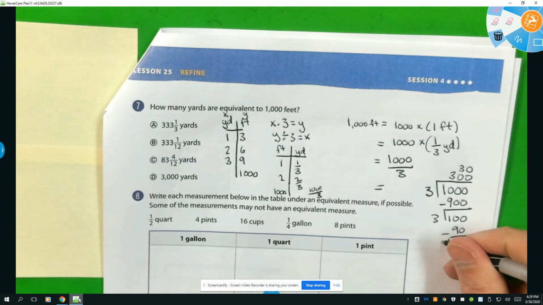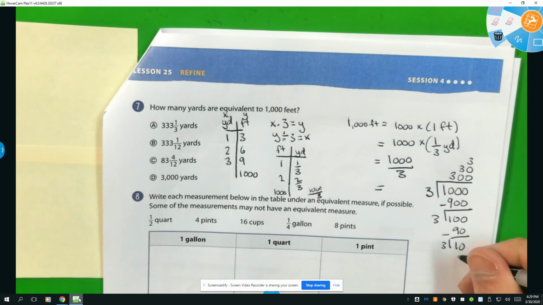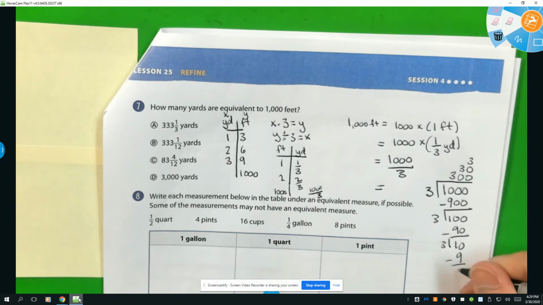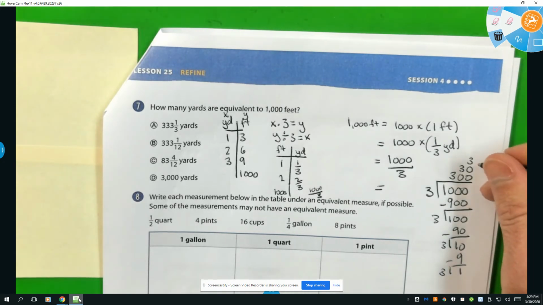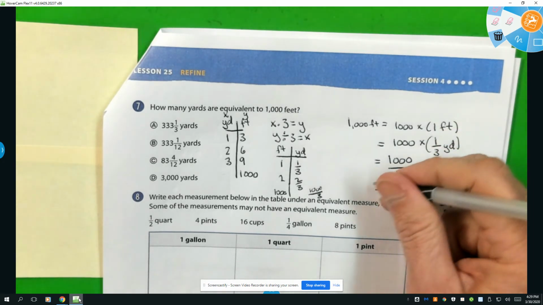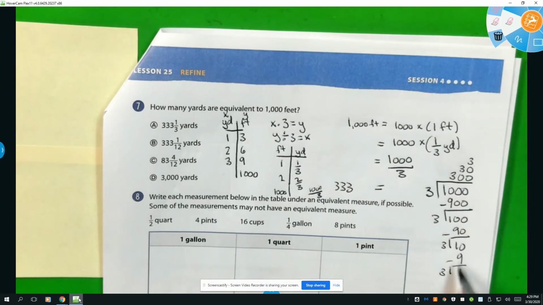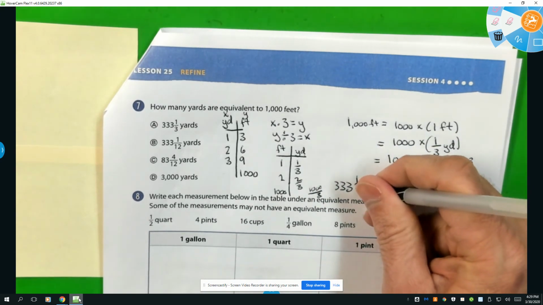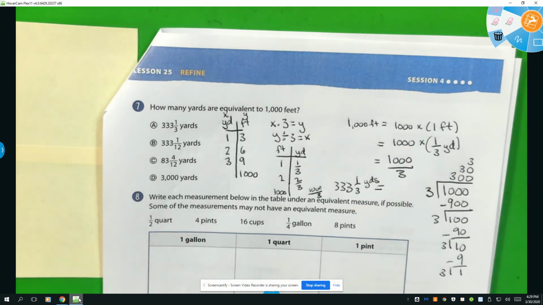Well, I know that 3 goes into 10 3 more times. 3 times 3 is 9. And now I have 1 left. All I've got to do now, because there's nothing left to bring down, is put my remainder over my divisor. And this would be the total of 333 and 1/3 yards.